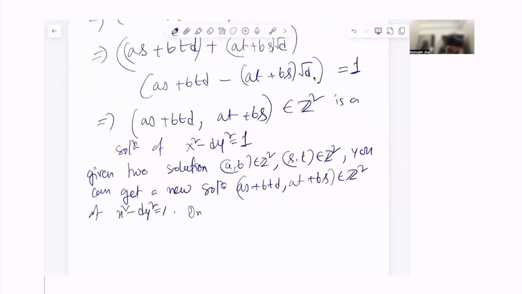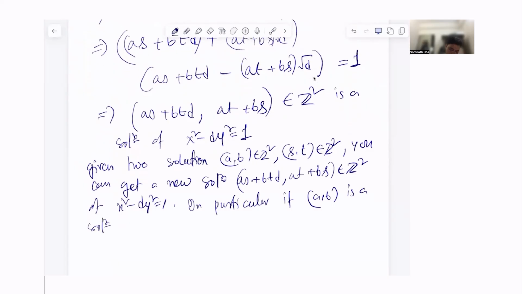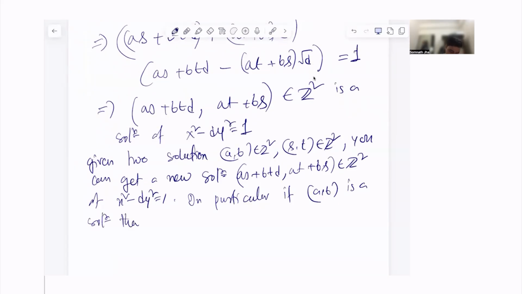In particular, if (a, b) is a solution, then (a + b√t)^n, right? You take the square, you take the cube. This gives infinitely many solutions.